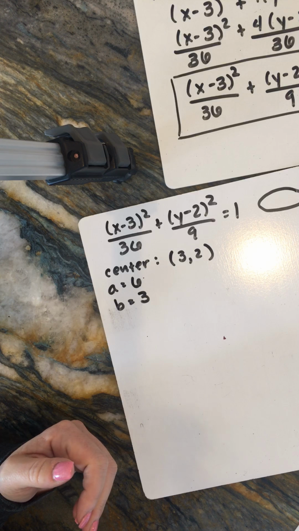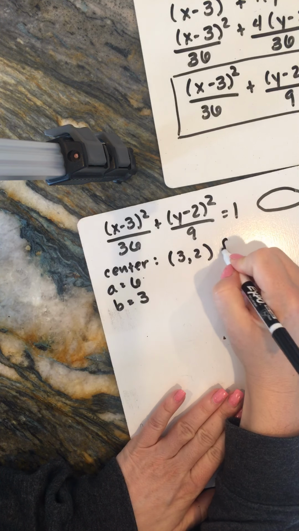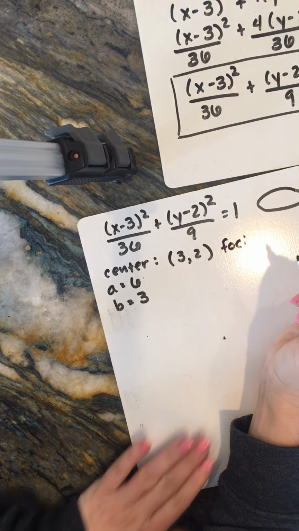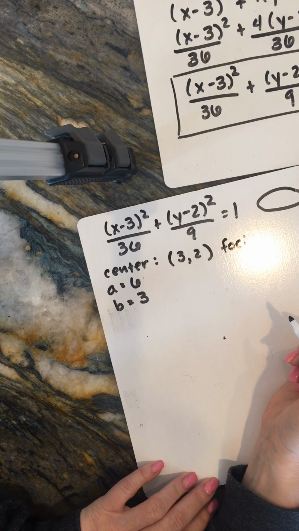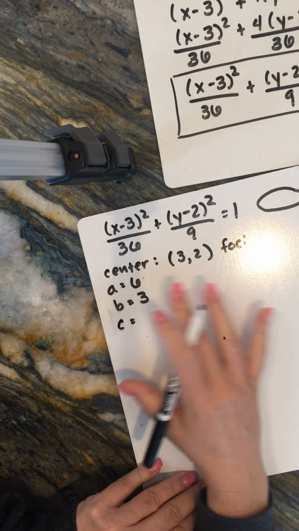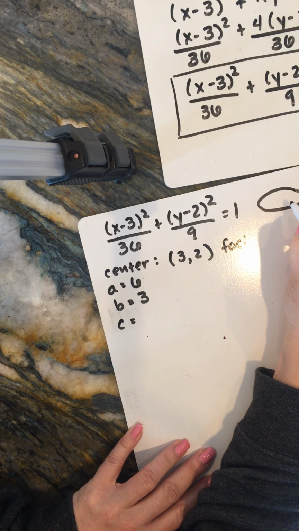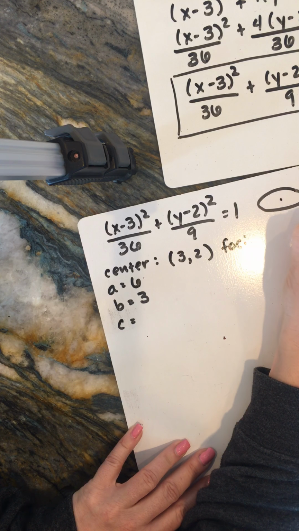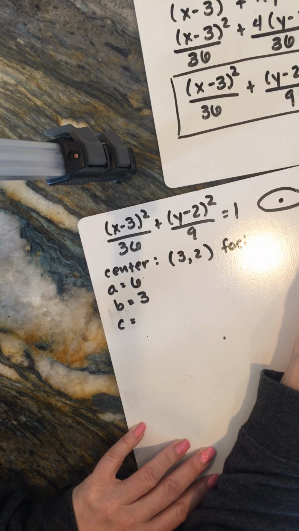All right, so they're asking for the center, the foci now. So the foci, remember back, need to have that C value. So we need to look for C. This is where the Pythagorean relationship comes into play. So the distance from the center to the vertex is 3 units, right?